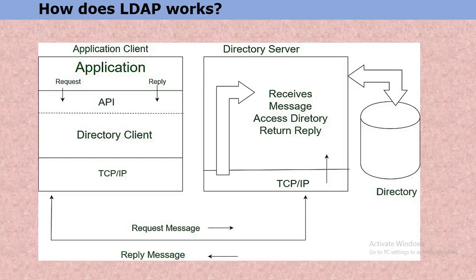When the LDAP client sends a request message, the LDAP server receives that message, accesses the directory, and then returns the reply to the client. So it is obvious we need to configure the LDAP server and LDAP client.